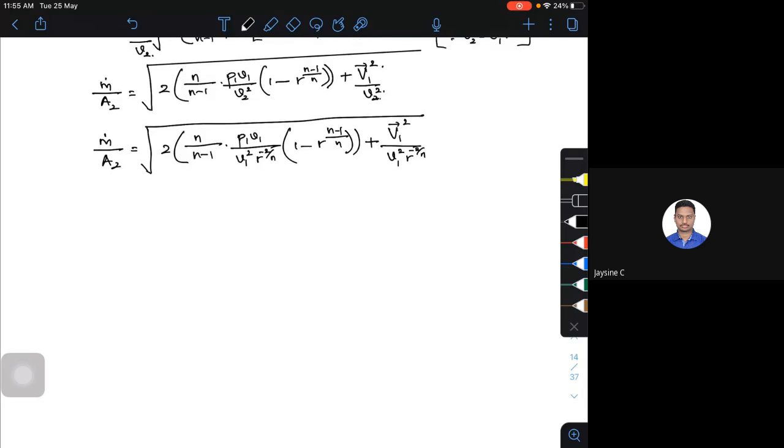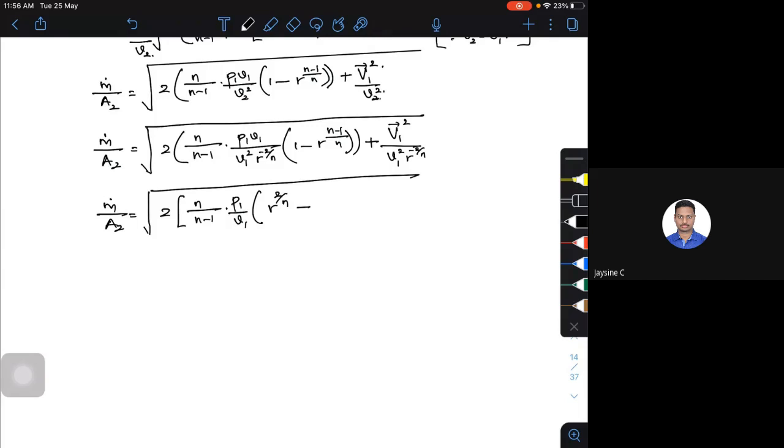I will try to take r inside. If I do that, m dot by a2 is equal to square root of 2 into n by n minus 1, and one of the v1 will go off, so it will be simply p1 by v1. I take this r to the power of minus 2 by n inside, into 1, this will be r to the power of 2 by n, minus r to the power of 2 by n plus n by n minus 1.